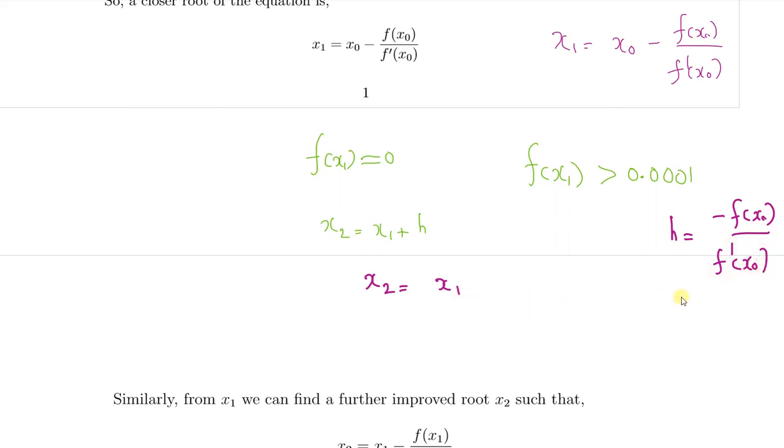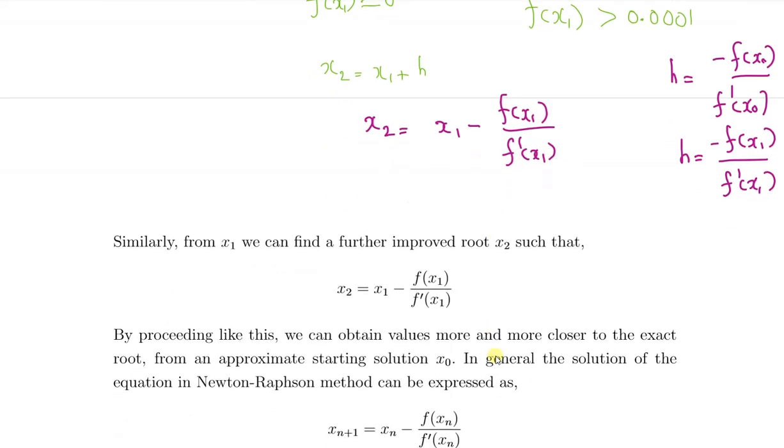So in this case, h will be equal to minus f of x1 divided by f dash of x1. Okay, we can choose x1, x2 is equal to x1 minus f of x1 divided by f dash of x1.